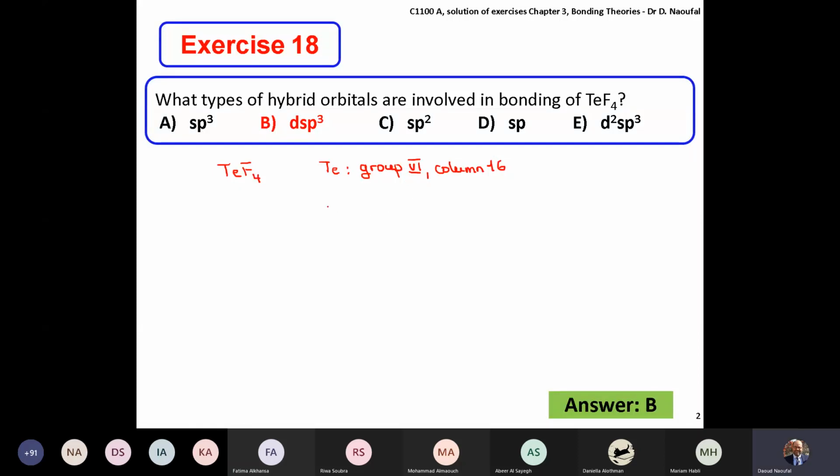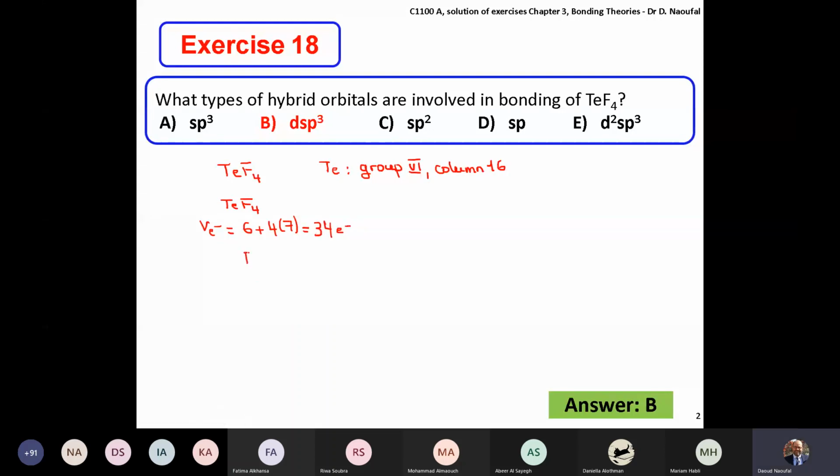If you draw the Lewis structure, this is method number 1. The valence electrons are 6 for Te plus 4 times 7, so we have 28 plus 6, we have 34 electrons.